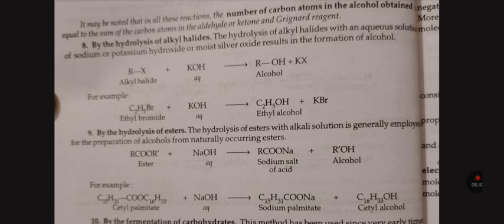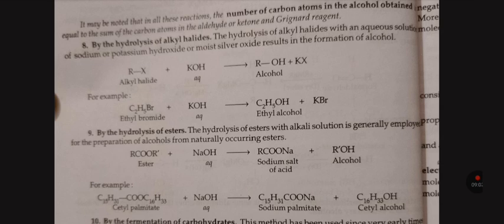8. By the hydrolysis of alkyl halide. The hydrolysis of alkyl halide with an aqueous solution of sodium or potassium hydroxide or moist silver oxide results in the formation of alcohols. Alkyl halide plus aqueous KOH will give alcohols. 9th, by the hydrolysis of ethers.